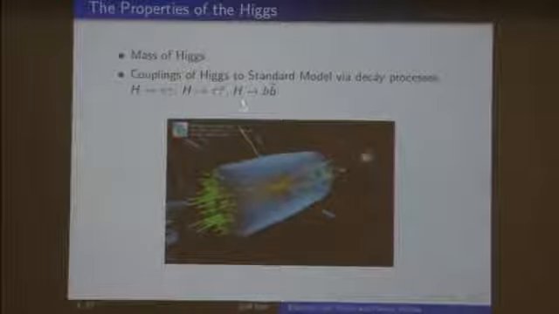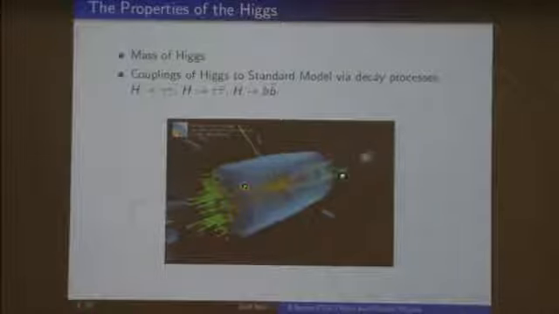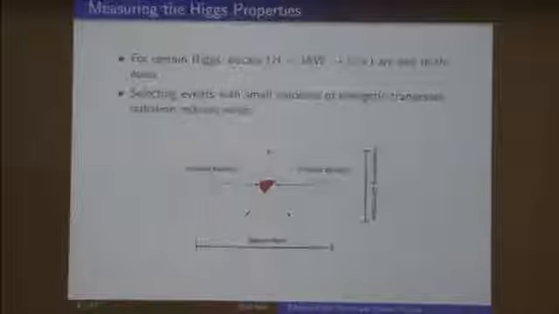But you also would want to know how it couples to other species of subatomic particles, tau leptons, or say b b-bar pairs. And when you start looking at these other decays, this mess will interfere with the measurement that you're trying to make. In other words, it'll be noise to the actual observation that you want to make about the Higgs and how it couples to the Standard Model.